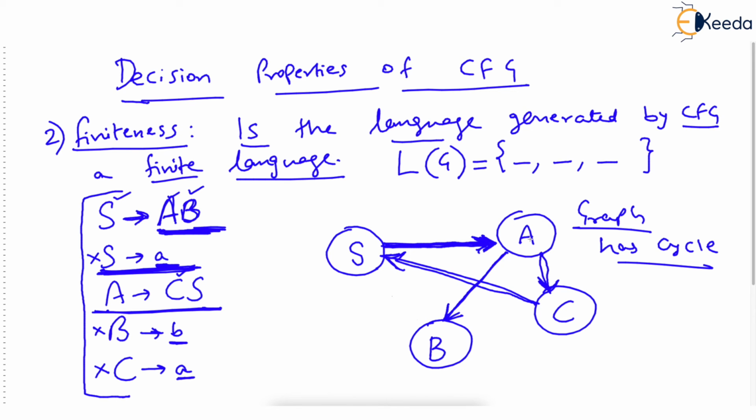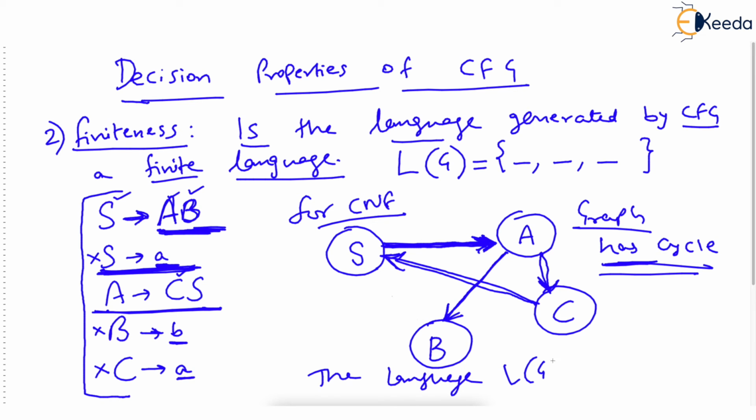And if the graph for CNF that we have drawn has a cycle, then the language L(G) is infinite. So this can be an algorithm. Constructing a graph can be a method by which we can check whether the language generated is finite or infinite. If the graph has a cycle, then the language is infinite.